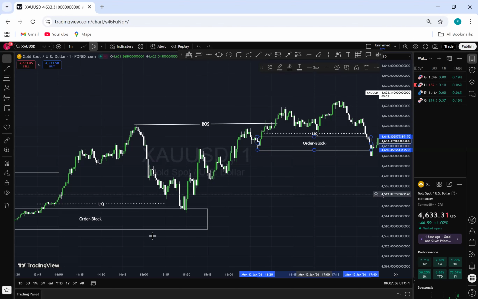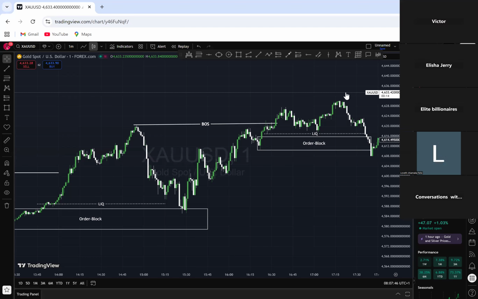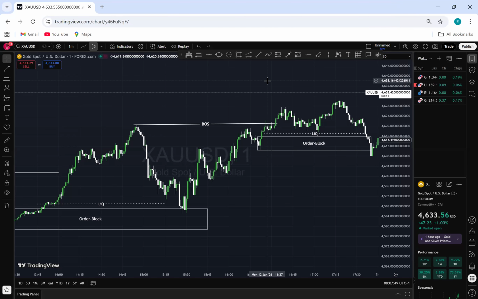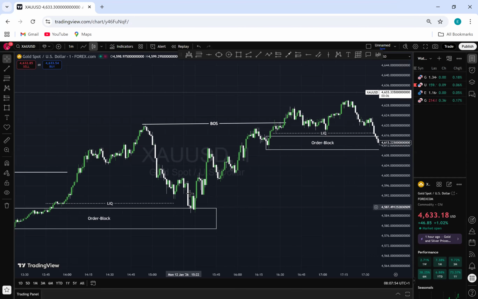Then you want to read price action. So you want to read price from this range up to this range to get your order flow and then pick your points of interest.